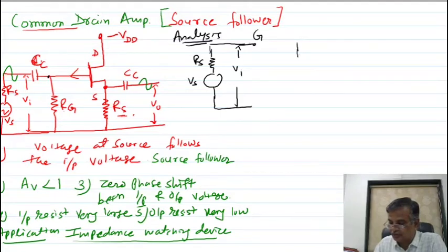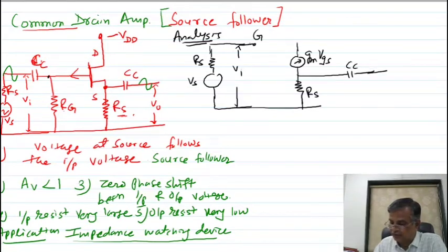This is your current source, gm times VGS. This is your RS, and this is your coupling capacitor that we will remove later on.